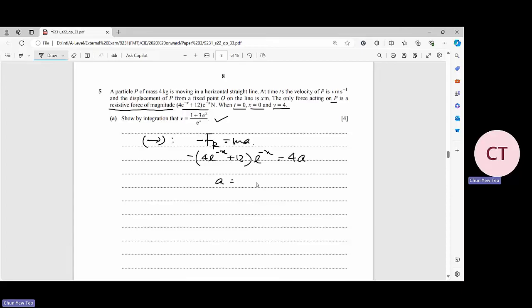So your a will be equal to negative 1 over 4 of 4e power negative x plus 12e power negative x. So you're looking for v in terms of x. So your a will be v dv/dx.